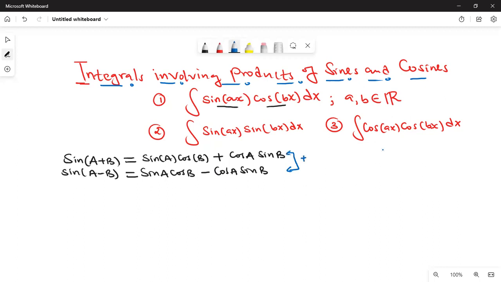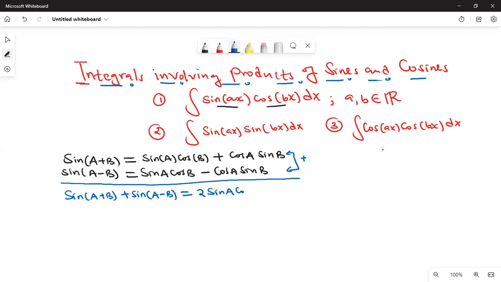If I add this, I'm going to get sine of A plus B plus sine of A minus B, which should give us twice sine A cos B.